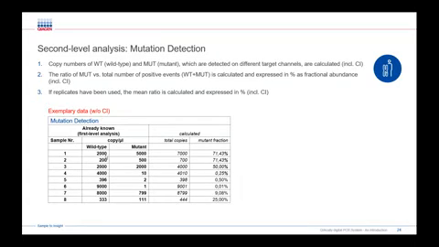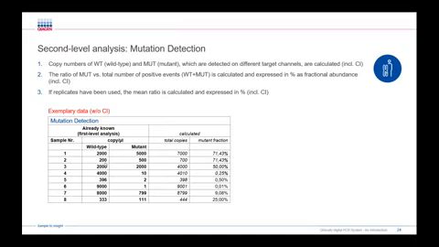Let me explain it with sample number 1. We have detected 2,000 copies per microliter of wild type and 5,000 copies of mutant. They sum up to 7,000 copies per microliter. The fractional abundance of the mutant is 71%.